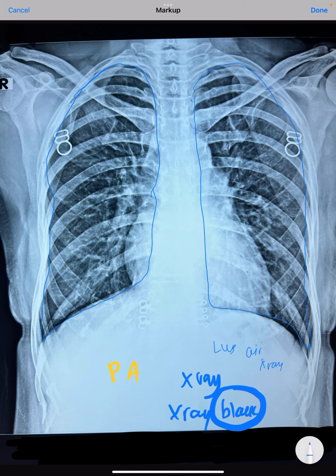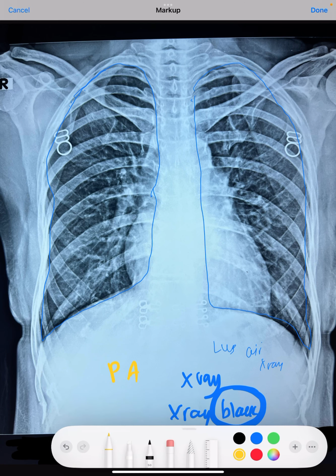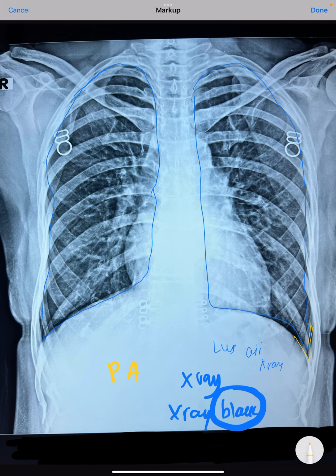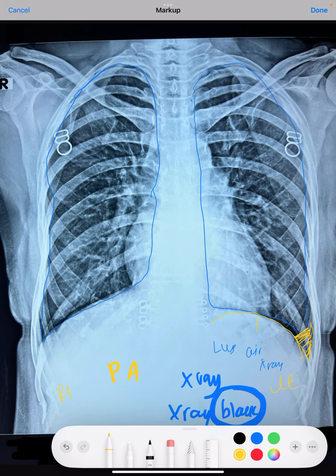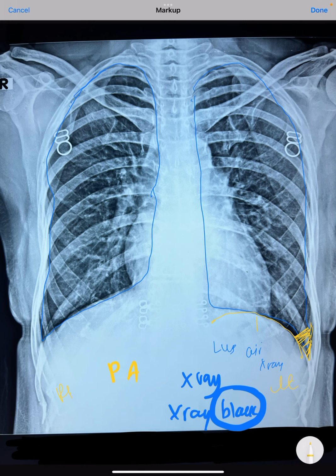Now what we can see is this is the costophrenic angle. Costophrenic angle means this is actually left dome of diaphragm. This is obviously left side. This is right side. So this is basically left dome of diaphragm and this is right dome of the diaphragm.